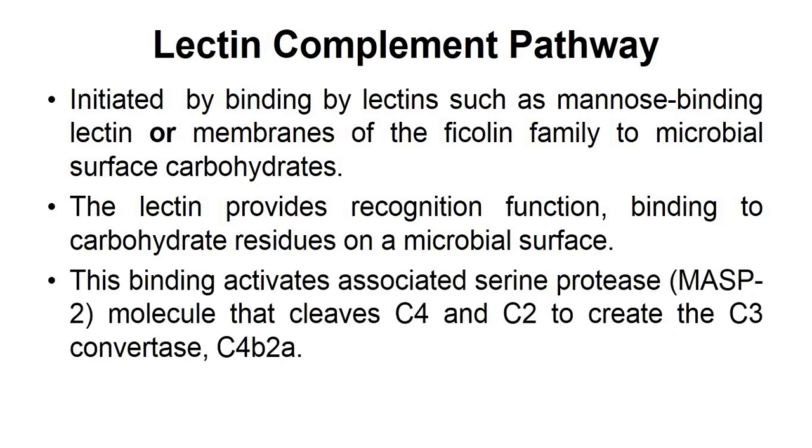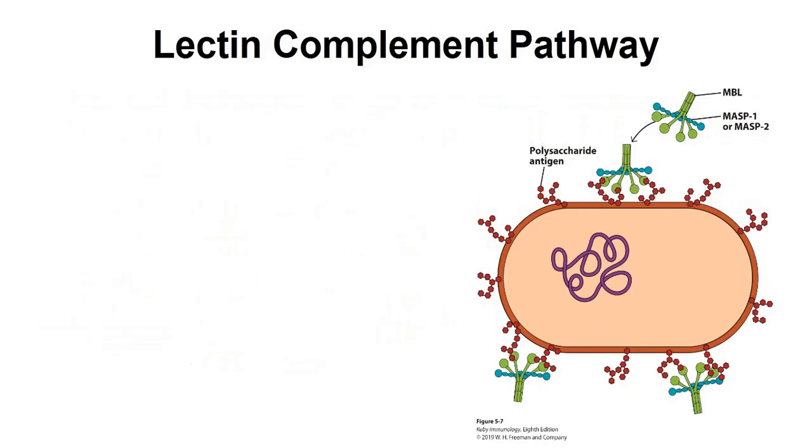The binding activates associated serine protease, that is MASP2. This molecule cleaves C4, just now I showed, it cleaves C4 and C2 to create C3 convertase, just like the classical pathway, that is C4b2a. So, these are some of the important highlights of lectin pathway.